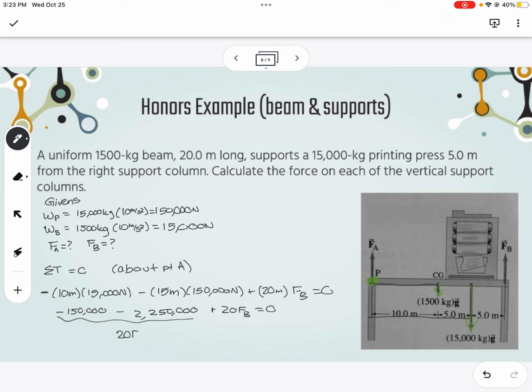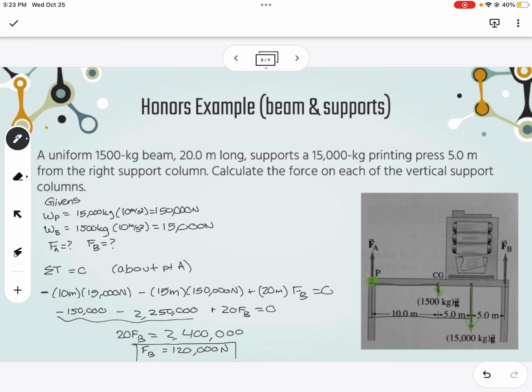I'm going to get 20 FB equals 2,400,000. If I divide both sides by 20, FB is going to be 120,000 newtons. All right, so we have successfully solved for FB.